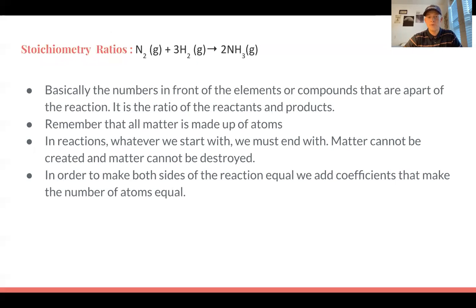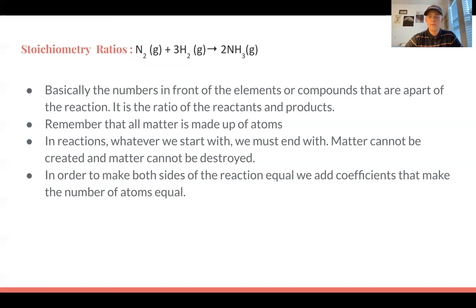Now, stoichiometry. So let's get into what the actual section is about. I put some bullet points here just to understand the really simple form of stoichiometry. And honestly, stoichiometry is really simple. It's logistical, it makes sense.